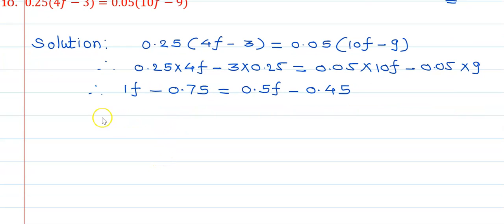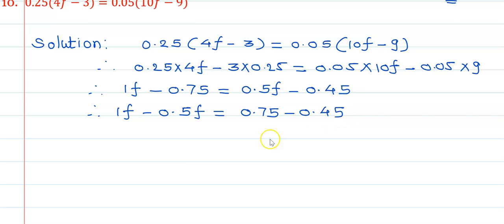Now again this 1f minus 0.5f. Now transpose this minus 0.75 to the right hand side, you will get plus 0.75 minus 0.45.